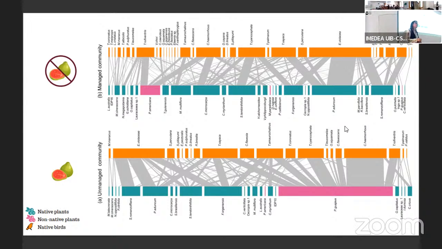The good thing would have been to have the fitness of the species here. This is really difficult, but it's starting to be done. So the ideal thing would have been to check the fitness of the different species, the birds and the plants, and to see whether they really change. It might be, if you check, that some species, for example this bird that is feeding on guava, is doing worse, I don't know.